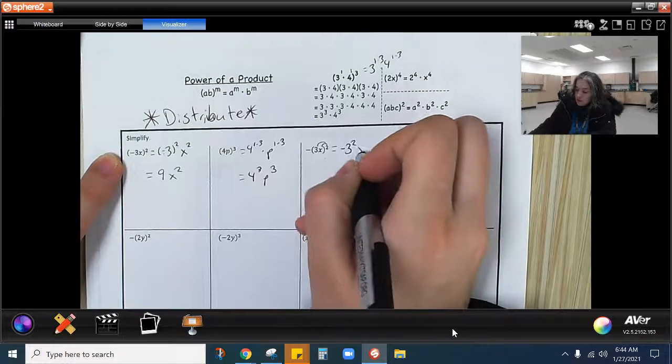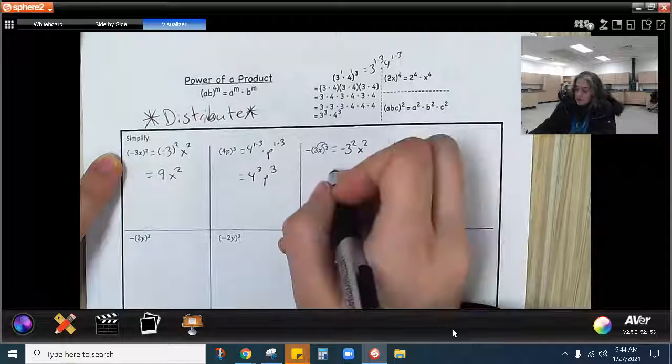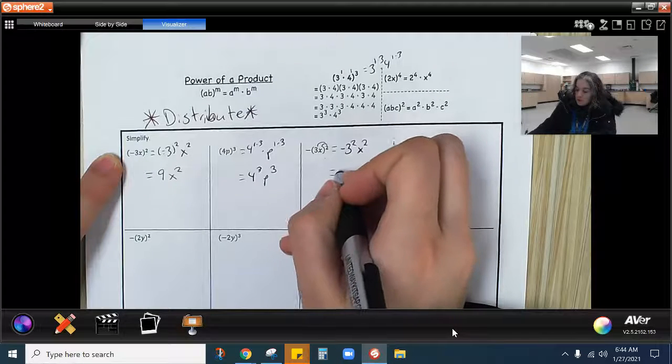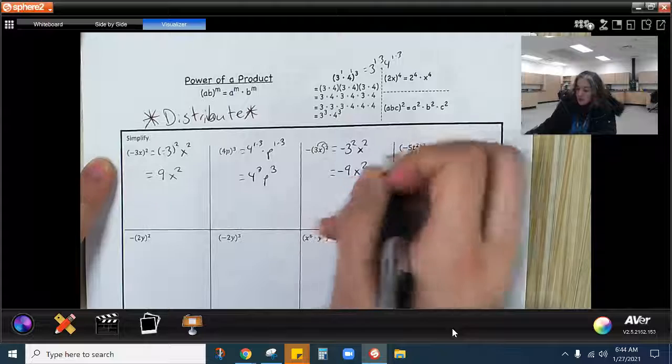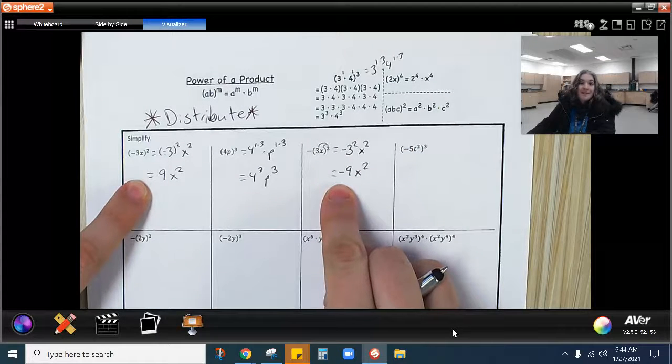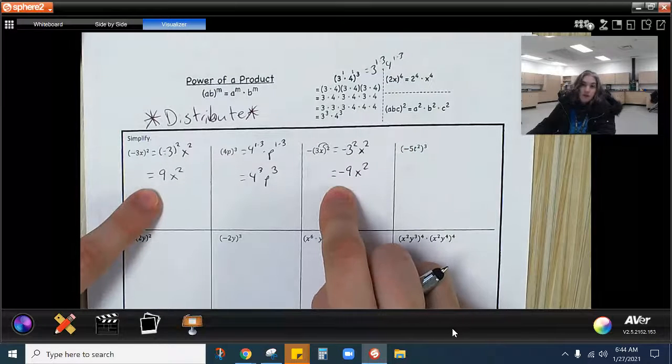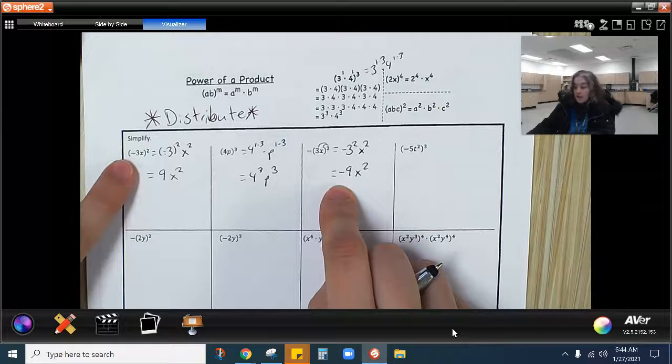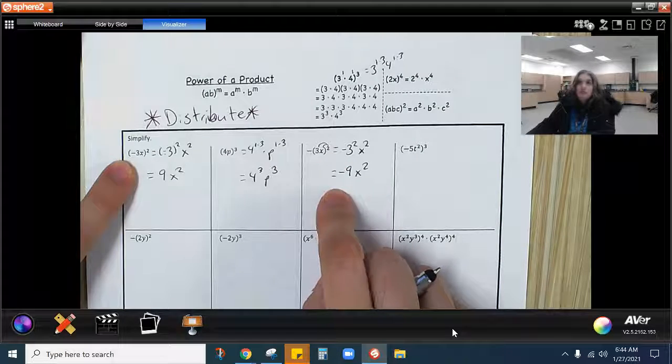So it'd be 3 squared x squared. So that would be 3 squared is 9, so this would be a negative 9x squared. Now that's a big difference. We've got a positive number and we've got a negative number, and that's huge, right? So make sure that you're aware of what the exponent is touching. This one, it touched the negative. This one, it didn't.